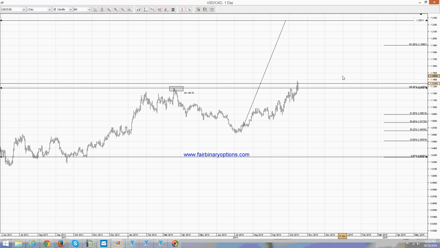1.22. Now in these days when everything seems to be on the short side, with equities falling, with everything being sold aggressively, the US dollar Canadian dollar is always telling a risk aversion story. It is a currency pair that is trading in a risk off mode.